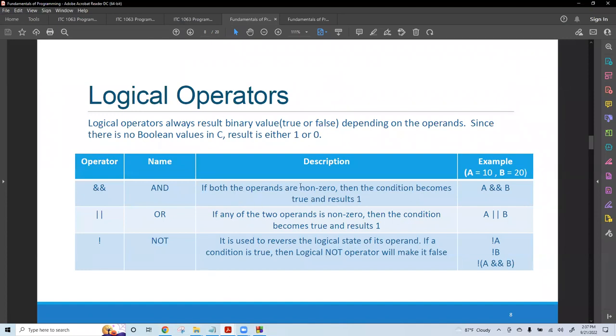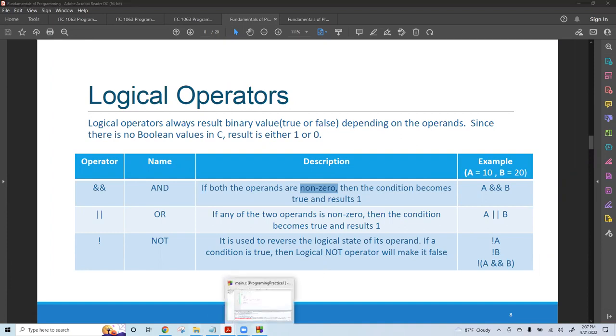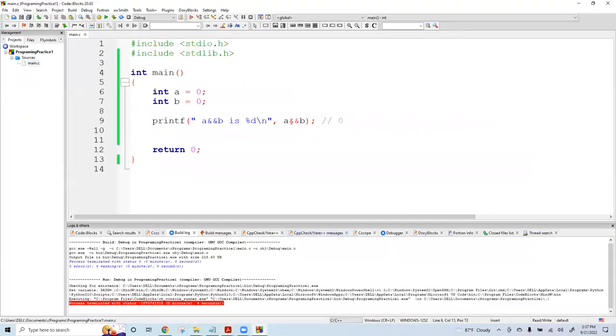We check whether both are non-zero. And we can check, right? So this is the ampersand. This logical and operator is used to check whether both are true. Right? Both are true.